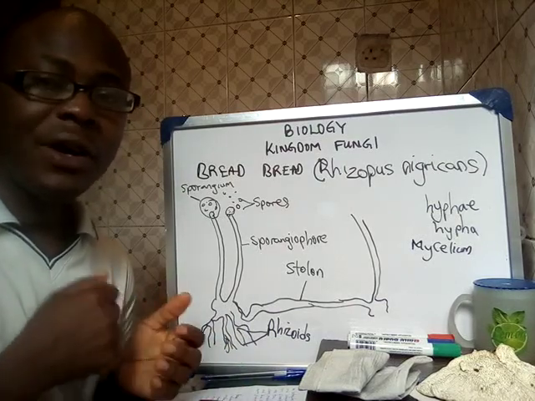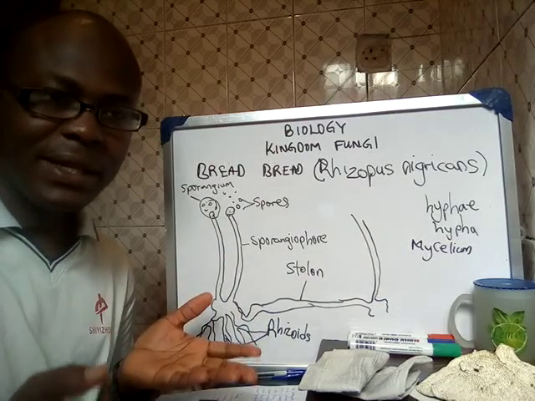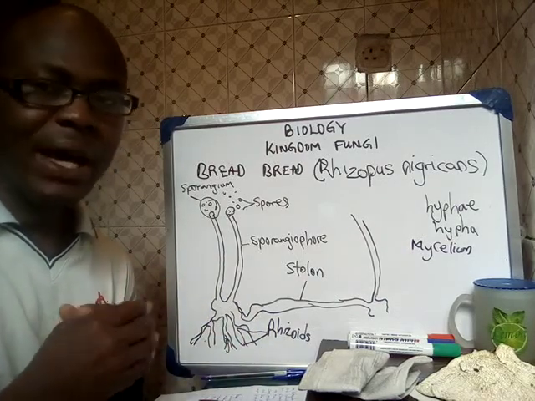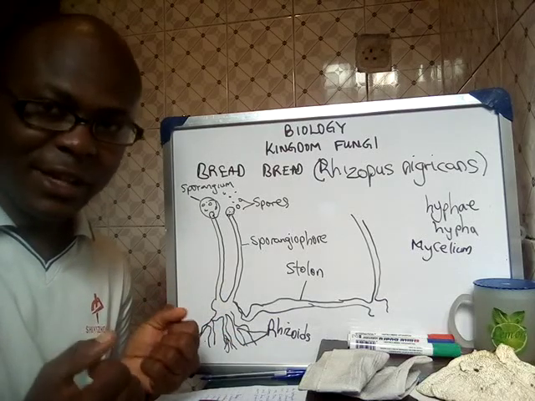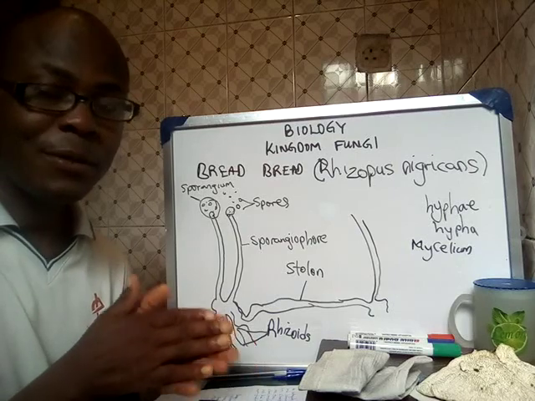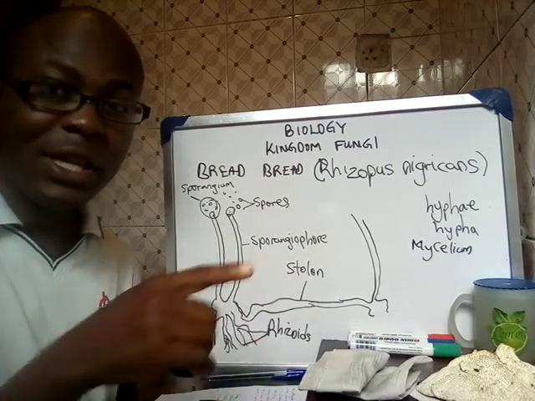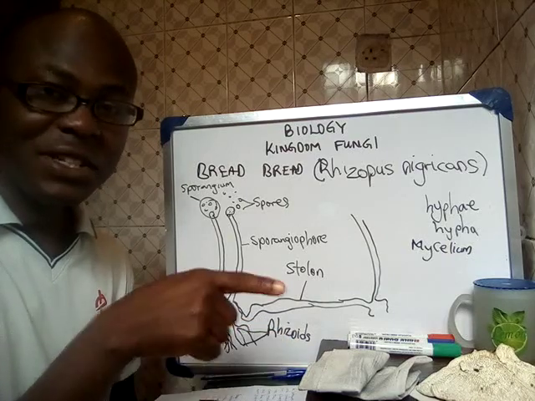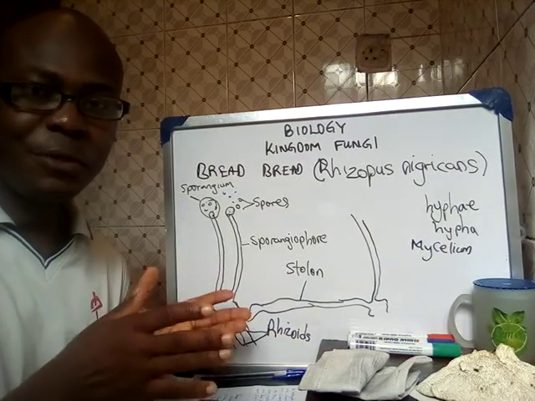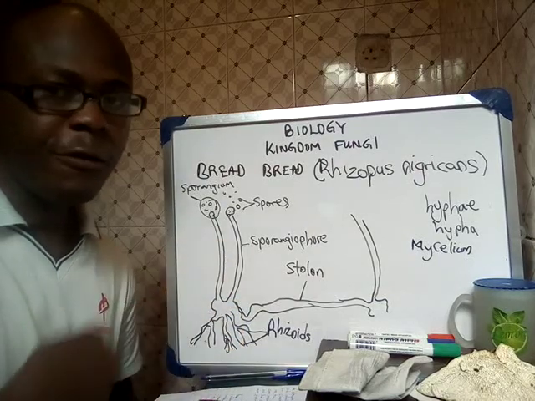They are also very important in beer brewing, in wine making. The bakers use them as a raising agent. They are also used to make antibiotics, some types of antibiotics. And of course, not this kind, but we eat mushrooms, so they are very tasty. So these are some of the usefulness or the importance of fungus.